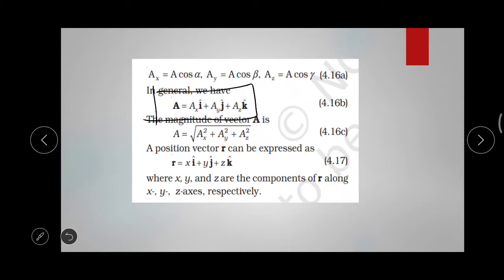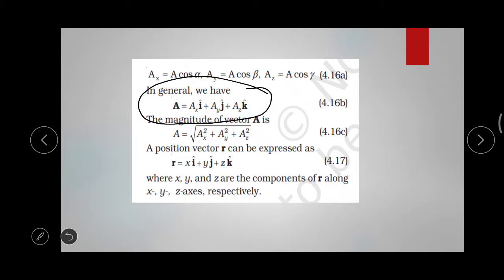Now if you want to find the magnitude of A, in the case of two dimensions we have seen that if A is given as the sum of B and C, then the magnitude of A is equal to the root of B square plus C square. In the same way here, the vector A is given as the sum of Ax i cap, Ay j cap and Az k cap.